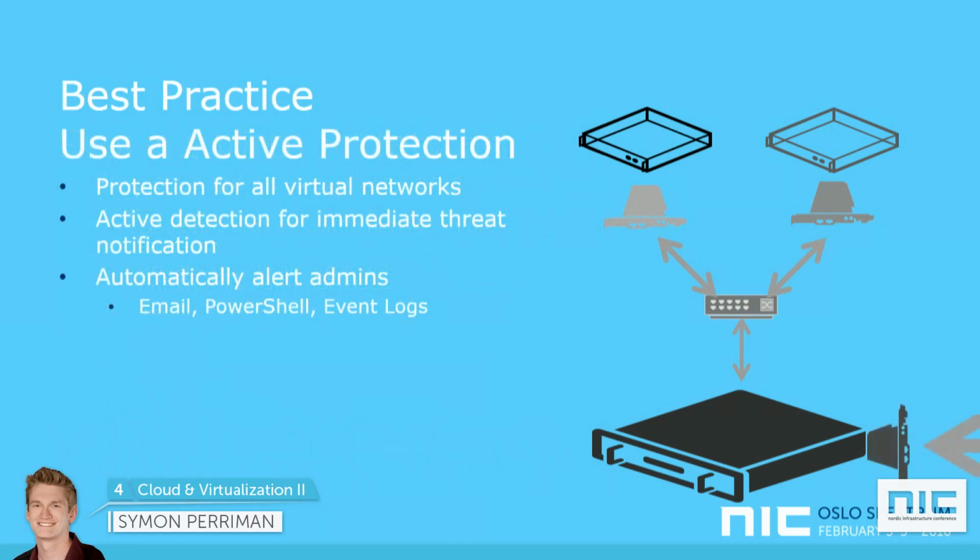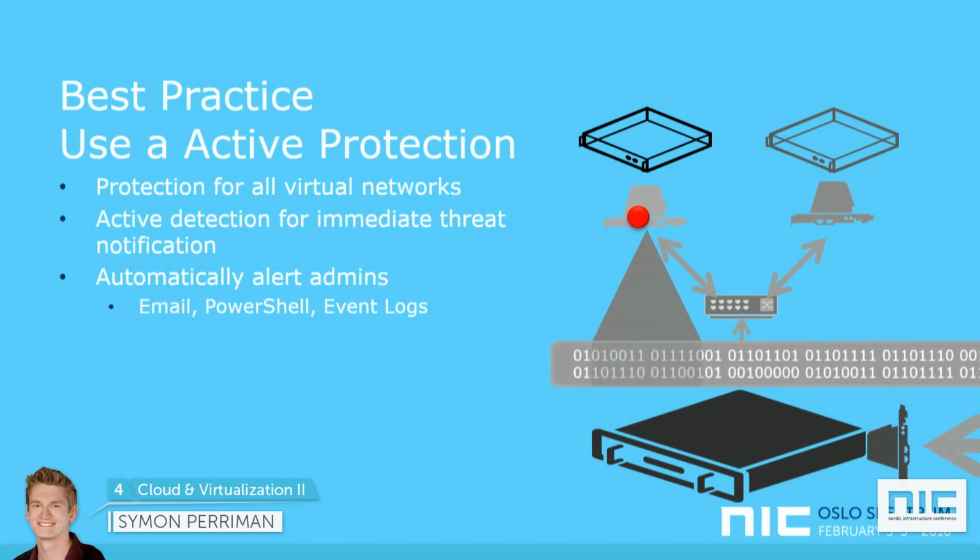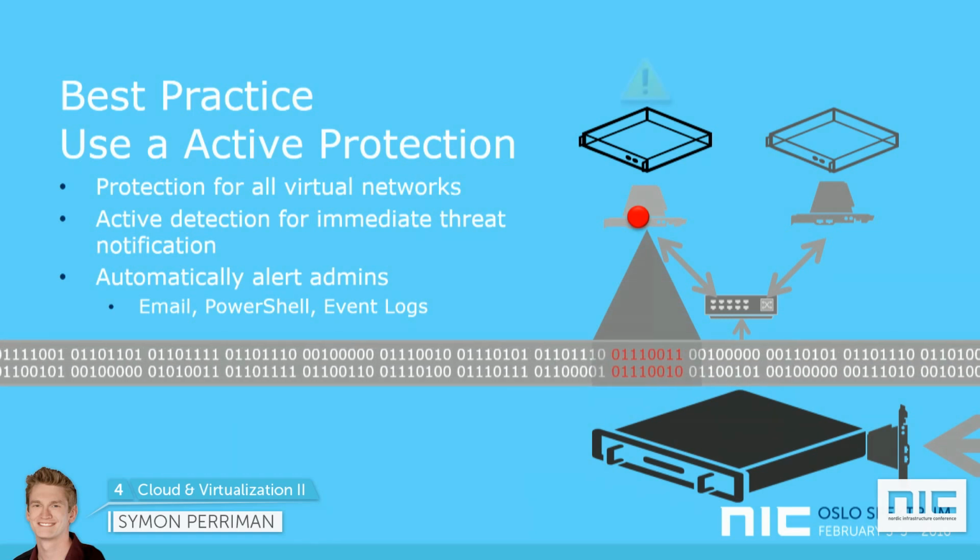Now, another good best practice is using a technology known as active protection. Active protection does require an agent. This is an exception here. But what active protection does is alert you as soon as a virus arrives at the VM. So what's essentially happening here is, as the network packet goes from that virtual switch to the VM, the way the technology works is it actually mirrors that network packet.